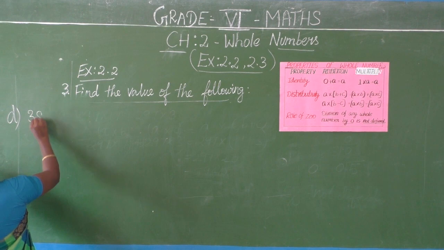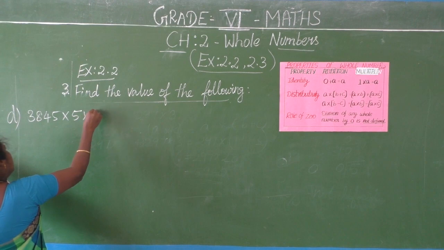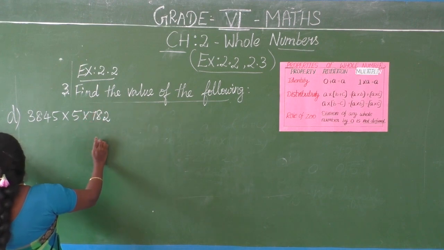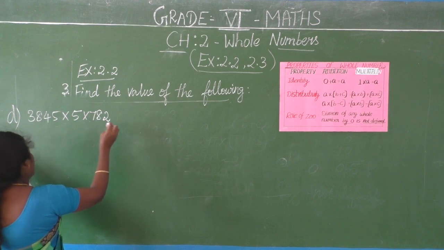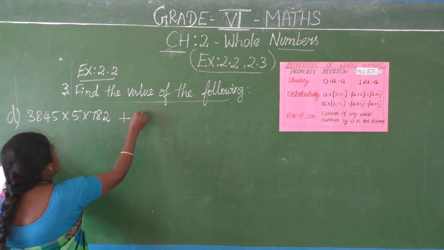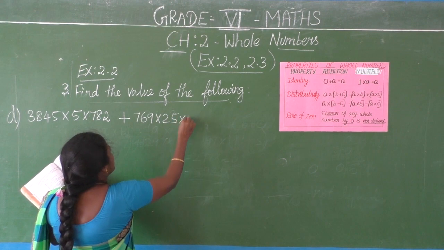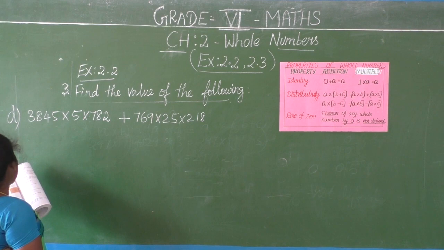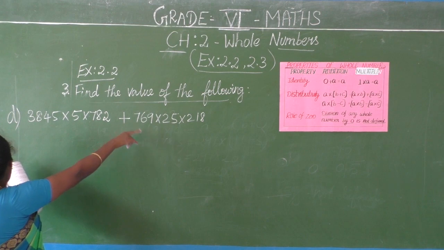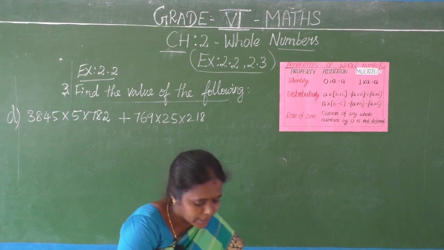What is given? 3845 into 5 into 782 plus 769 into 25 into 218. Biggest multiplication. Clear? We have to solve this.